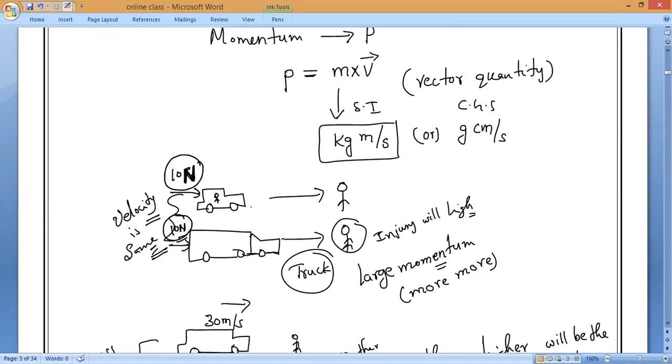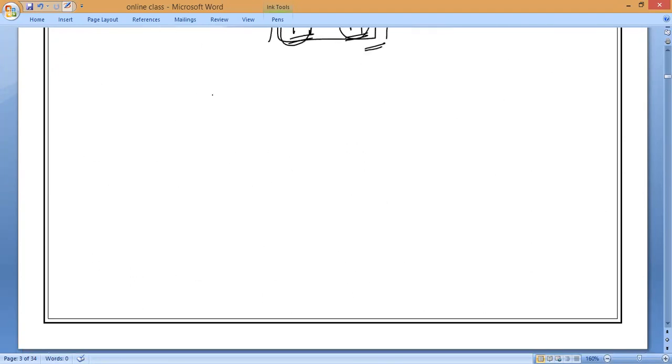Observe very carefully. I have one car. Now, does the car have less mass or more mass? Less mass. Do you understand? Now, I have one truck.